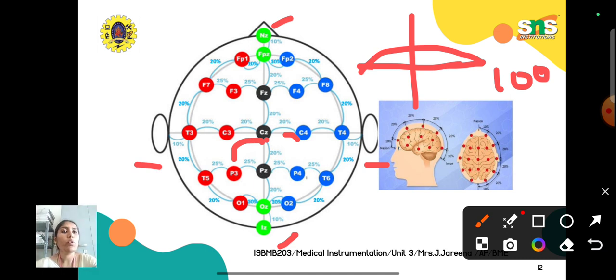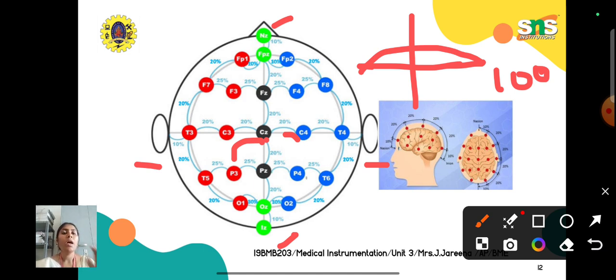If you add all together, 10 centimeters, 10 centimeters, and four 20 centimeters, you get the total distance of 100 centimeters. So like that you do the partition. Now you have the locations of five electrodes: T3, C3, CZ, C4, T4.